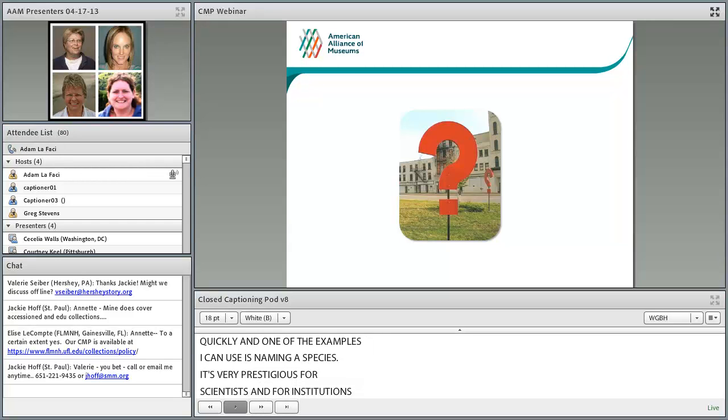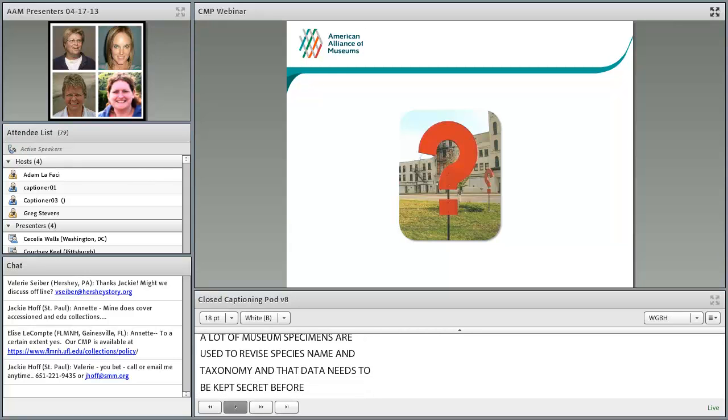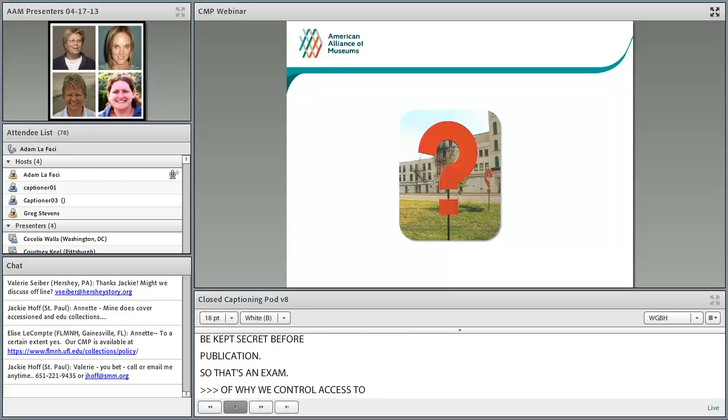A lot of museum specimens are used to revise species names and taxonomy, and that data needs to be kept secret before publication. So that's an example of why we control access to the data until publication. I hope that answers the question. And if you want to pursue the subject in further detail, I'd be happy to talk to you on the phone, or you could email me.